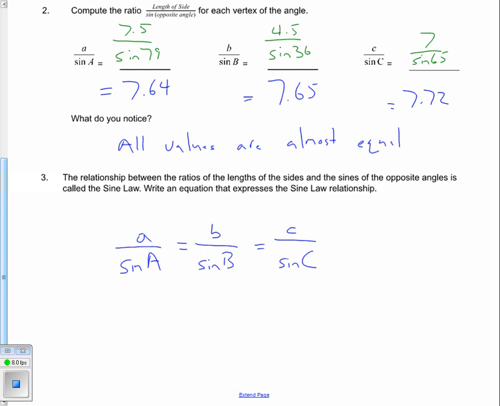And on the bottom, we have sine A, sine B, sine C, with capital letters because they represent angles.